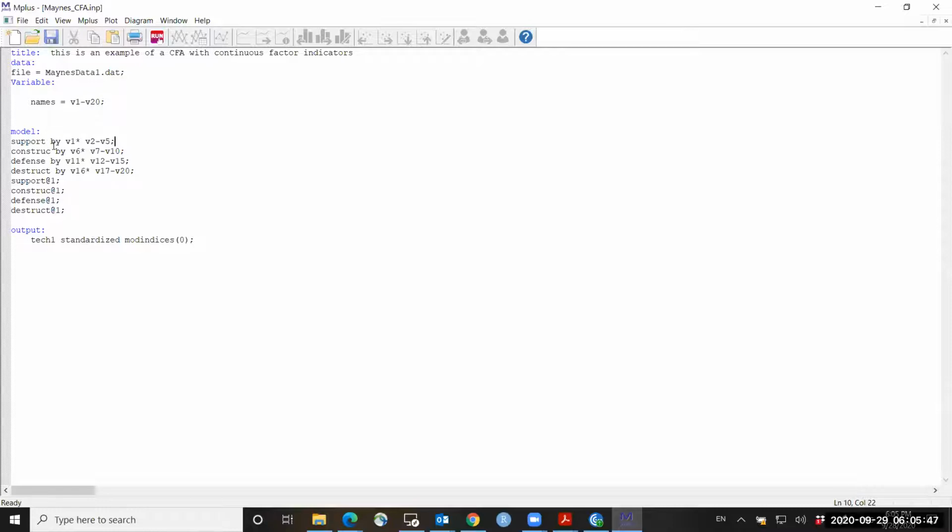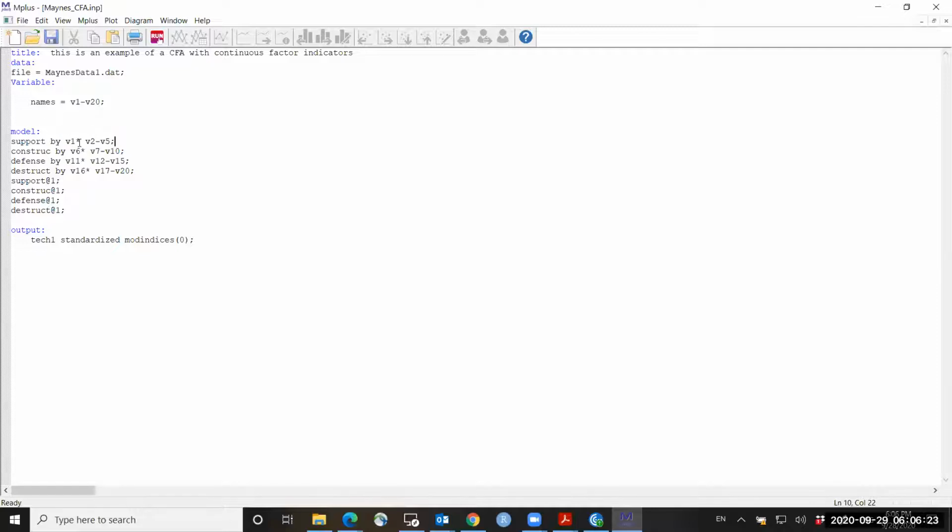And here I actually overrode that. It really makes no difference, but I like to set the factor variance to 1. It makes no difference because model fit is exactly the same, and standardized estimates are exactly the same. The way you set the scale, either by setting the first loading to 1 or the factor variance to 1, only affects the unstandardized parameter estimates, but not the standardized parameter estimates.